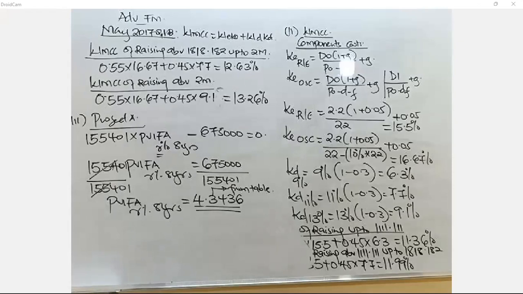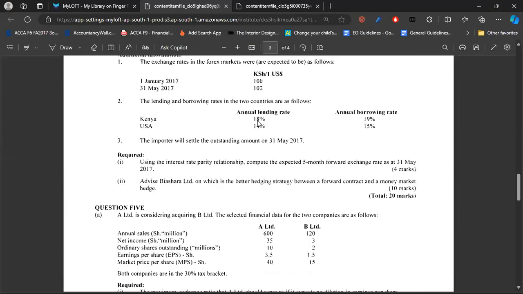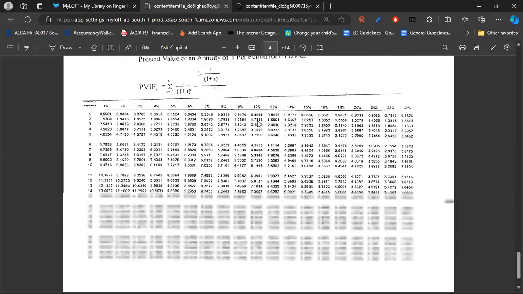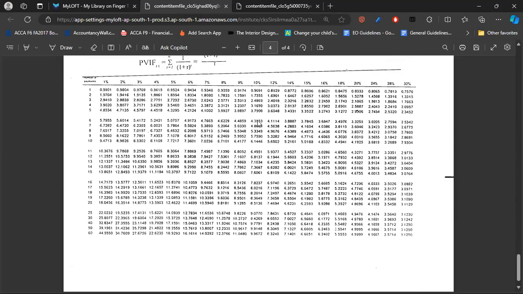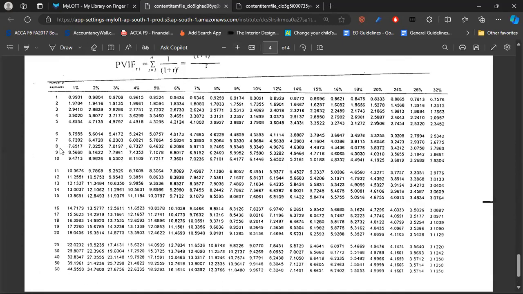I know now you have checked, you have mastered the figure. Now, these are the tables. When you look on the period, we are discussing about a period of 8, and we have gotten our answer is 4.3436. You just take 8 and then you go row-wise. So 8 is here, the period of years. So you go row-wise up to 4.3436.